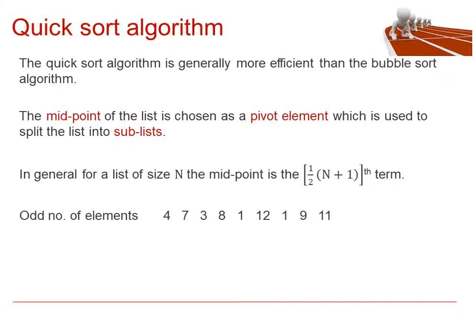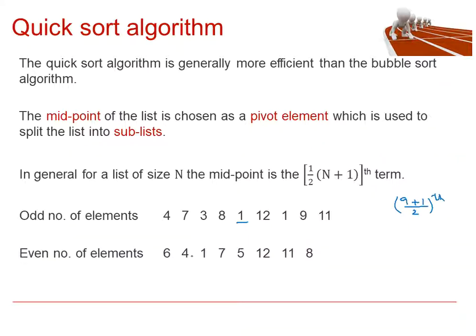So for example here, we have 4, 5, 6, 7, 8, 9 items. So our mid value would be 9 plus 1 over 2, which should be the 5th item. So 1, 2, 3, 4, 5, that is our mid value.